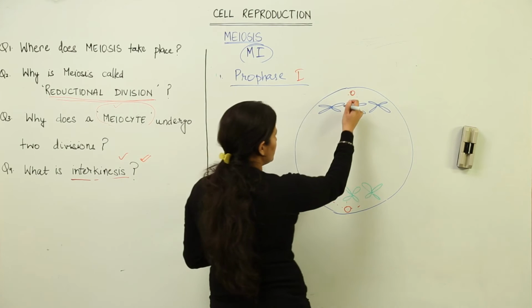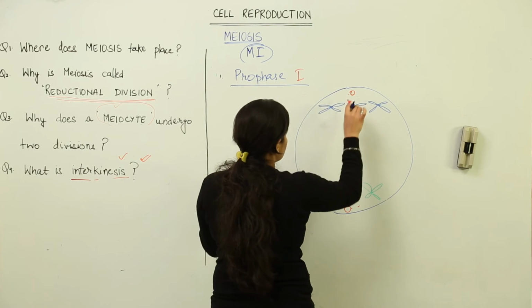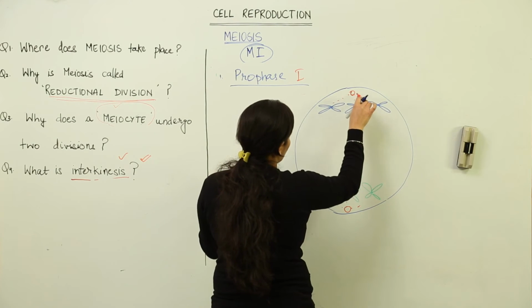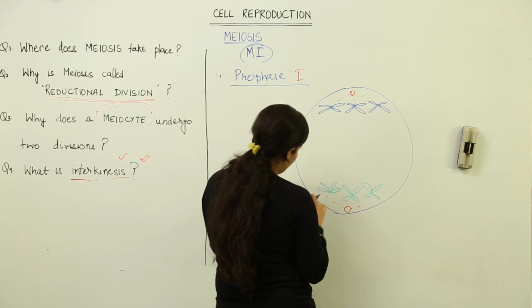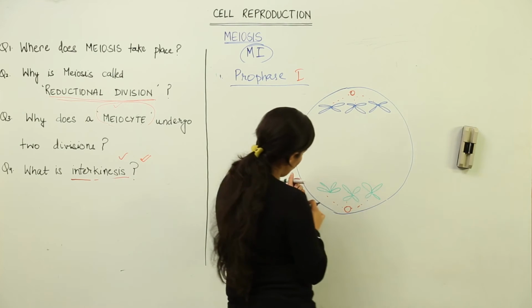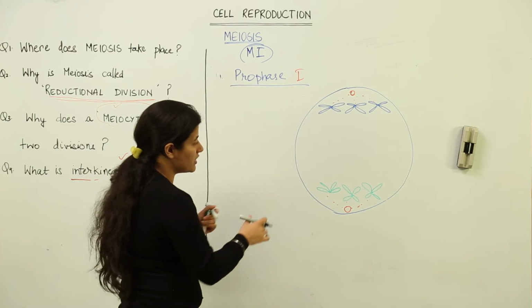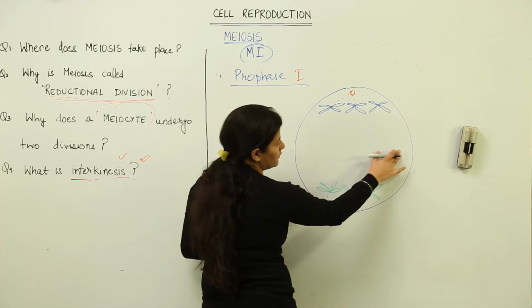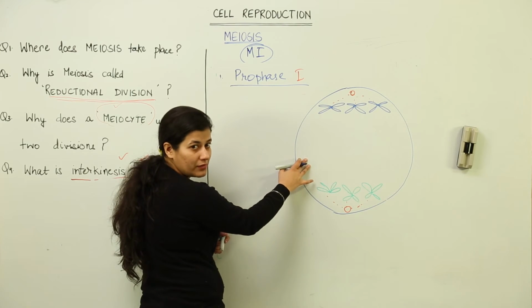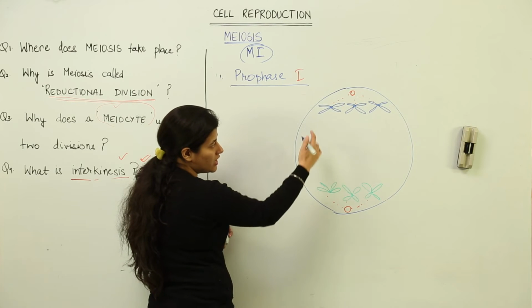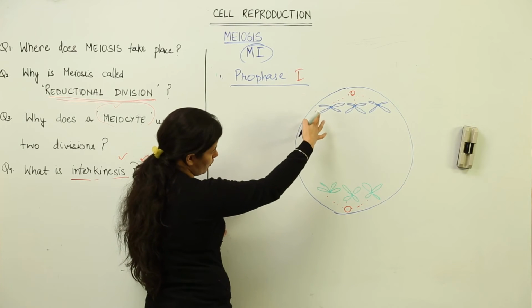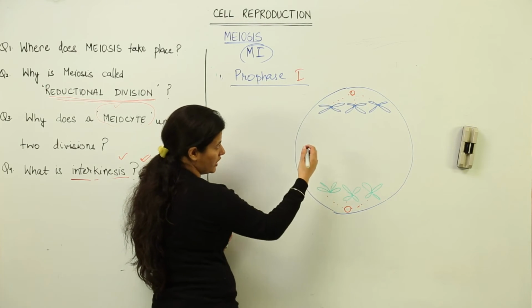So during anaphase we have 3 chromosomes which have gone to one pole and 3 which have gone to the other pole. Now you can make out that during anaphase the chromosome reduction has taken place. We started with 6 chromosomes in the beginning, 3 homologous pairs. Now one of each pair has gone to each end.